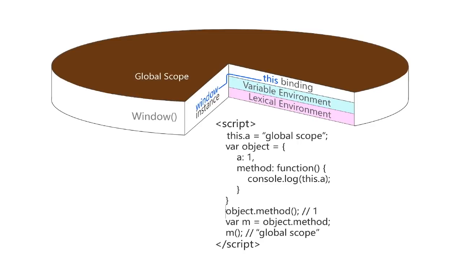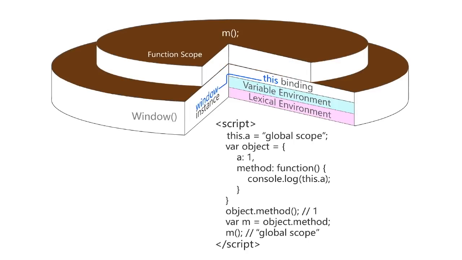As execution continues going down the script, eventually we'll arrive at calling this function again, but this time from the global scope. And we will create another execution context once again. They will not be stacked one on top of the other, because as soon as this one finishes returning, it will disappear.